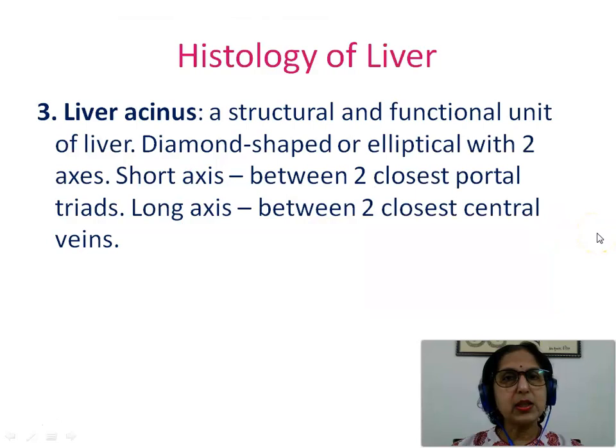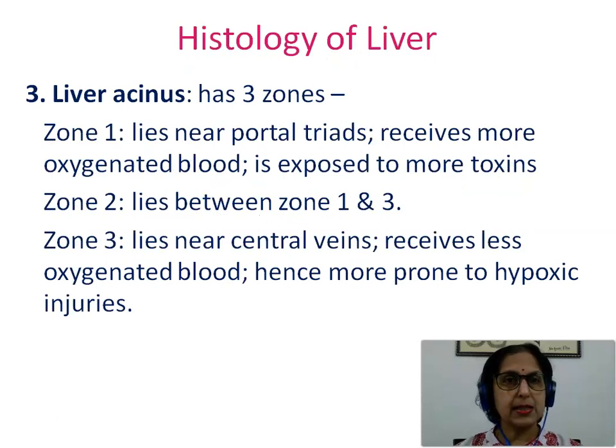Next we see the liver acinus. This is the structural and functional unit of the liver, diamond shaped or elliptical in shape, with 2 axes: the short axis between 2 closest portal triads and the long axis between 2 closest central veins. And this acinus is described as having 3 zones.